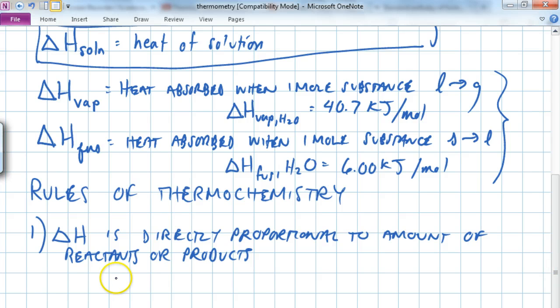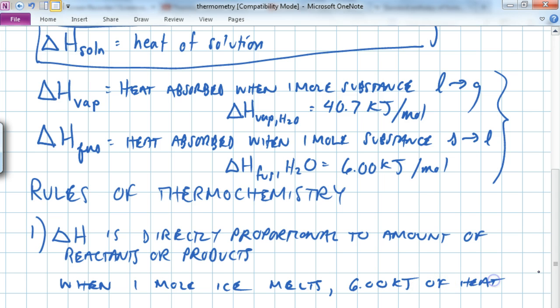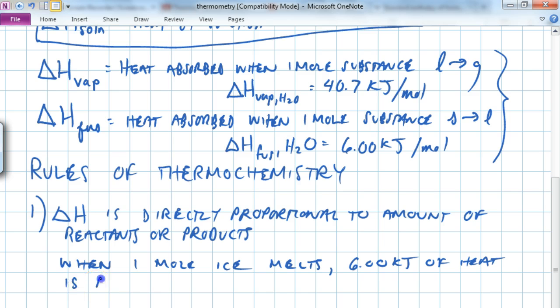So, for example, when 1 mole of ice melts, 6.00 kilojoules of heat is absorbed.